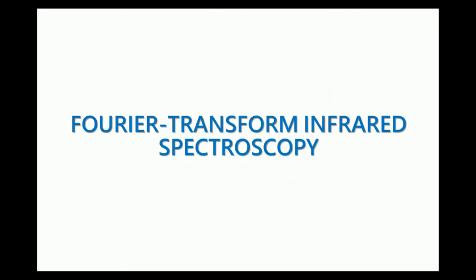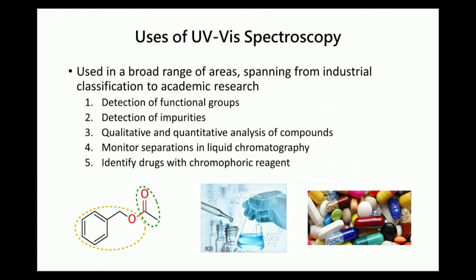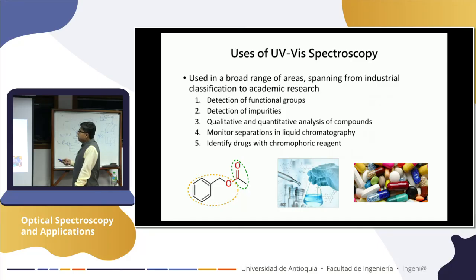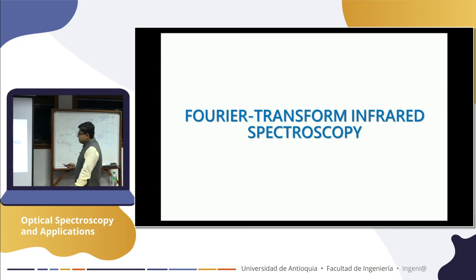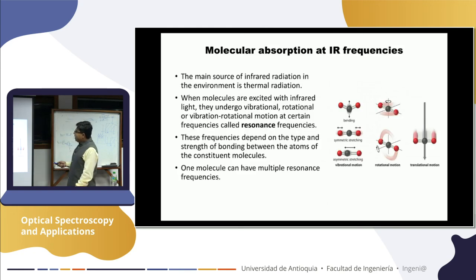The problem here is that you need a dispersion, meaning many wavelengths have to be created before you do the spectroscopy. That brought us to a more advanced technique called Fourier transform spectroscopy, where we measure the vibration of the molecules, not the electronic transition. That means we need a longer wavelength or smaller energy.